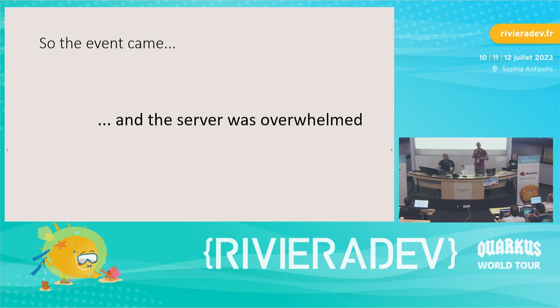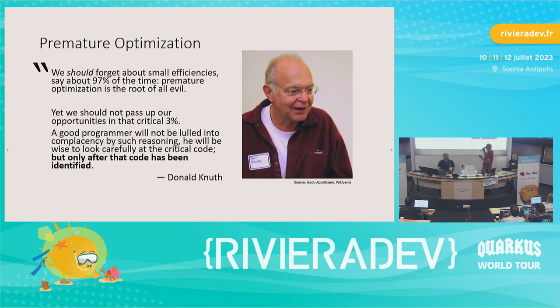So let's see what's the real full quote coming from Donald. We should forget about small efficiencies, say about 97% of the time. Premature optimization is the root of all evil. Yet, we should not pass up our opportunity in that critical 3%.